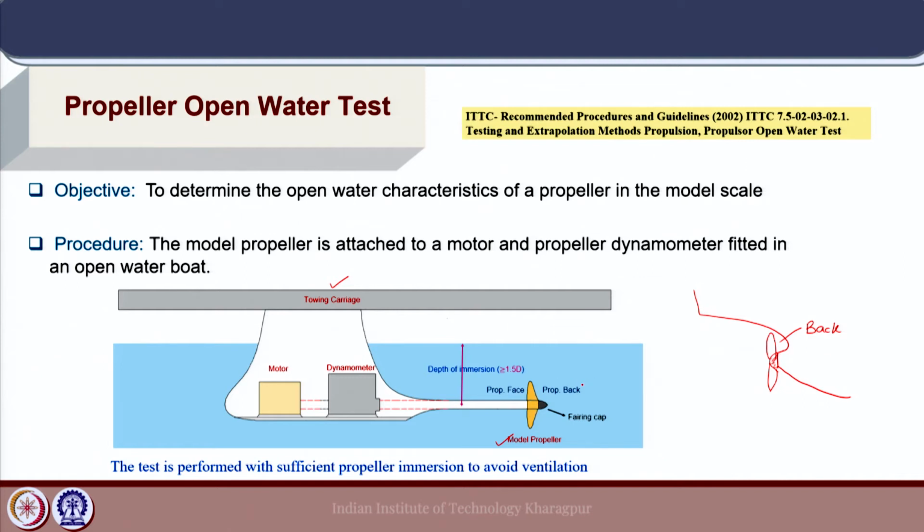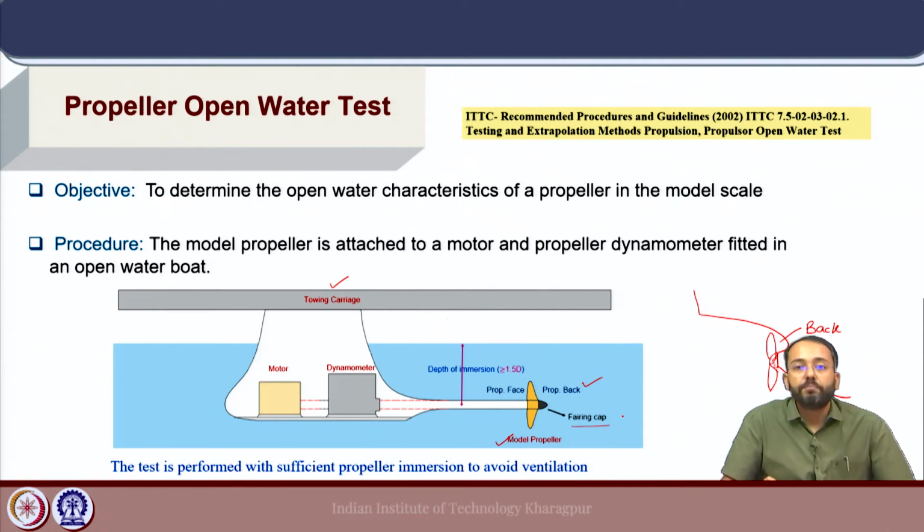So, here we will have the propeller back in the same way facing the uniform inflow, which is the VA, and a fairing cap is put on the propeller blade to have a properly faired velocity profile on the propeller.